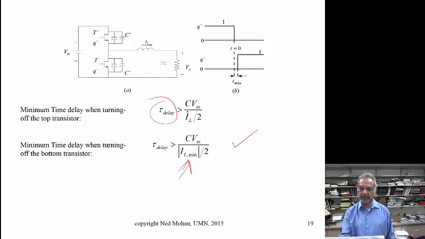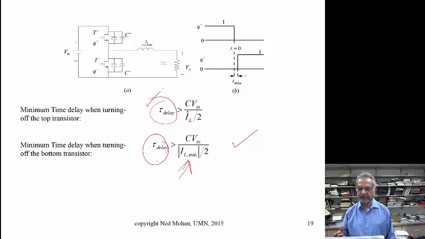So the delay time we get from this expression is larger than what we get over here. So generally, we take the larger of the two and use that as the delay time for both these transitions.